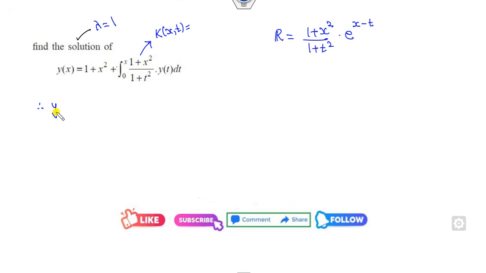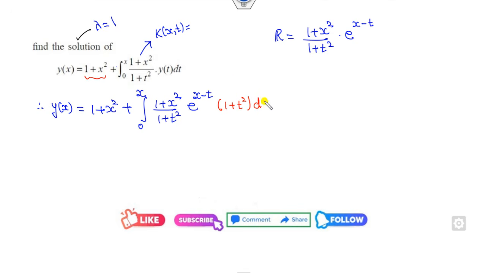So therefore, the solution will be f of x plus integration from 0 to x of (1 plus x square) over (1 plus t square) e raised to power (x minus t) into f of t. F of t will be 1 plus t square. Fine. Now you can integrate them. I have to integrate with respect to t.